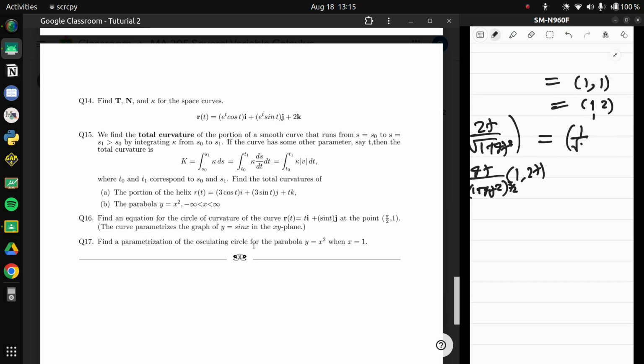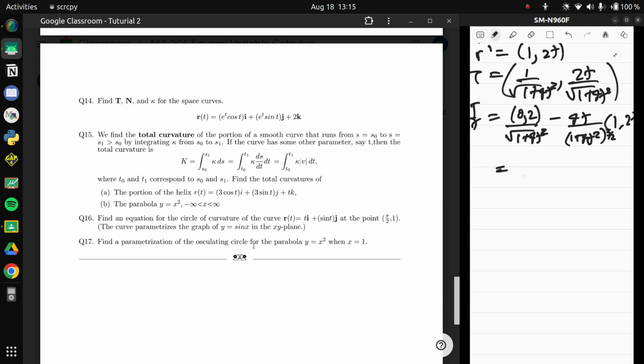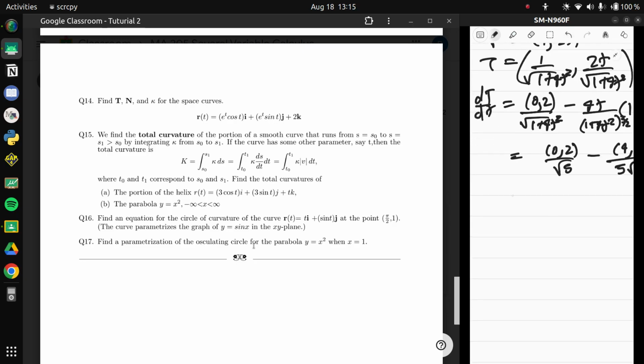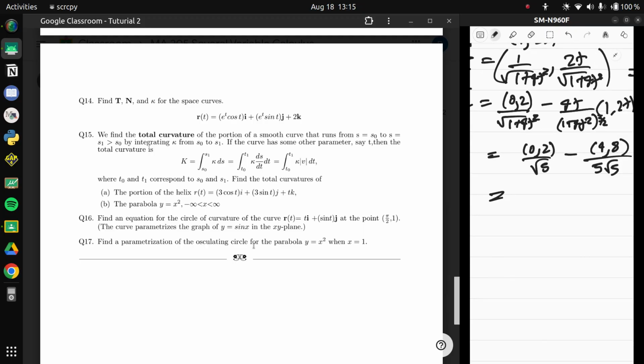Just 1 upon square root of 5 comma 2 upon square root of 5. What about this quantity, which is 0 comma 2 upon square root of 5 minus 4 times of 1 comma 2, so just 4 comma 8 upon 5 square root of 5, sure, which happens to be what?